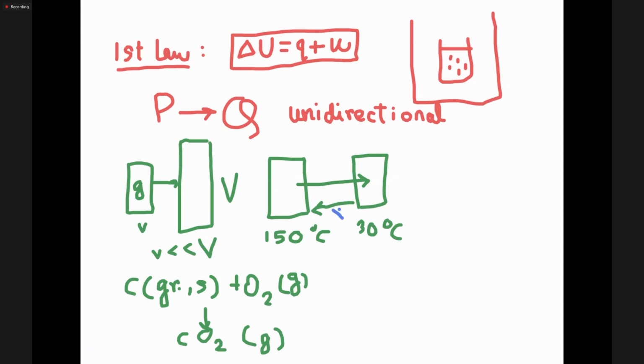In this case, heat flow from the 30 degrees Celsius body to the 150 degrees Celsius body is not spontaneous, but it is spontaneous from a hotter body to a colder body. Likewise, a gas in a smaller volume will expand into a larger volume. That is spontaneous. But the reverse one, where the volume is contracted, is not spontaneous.